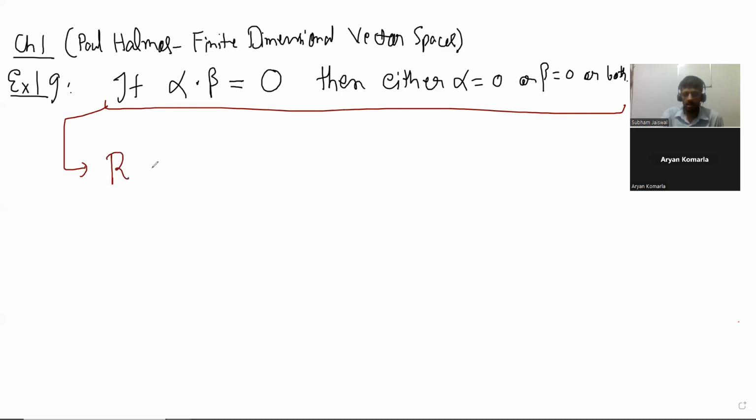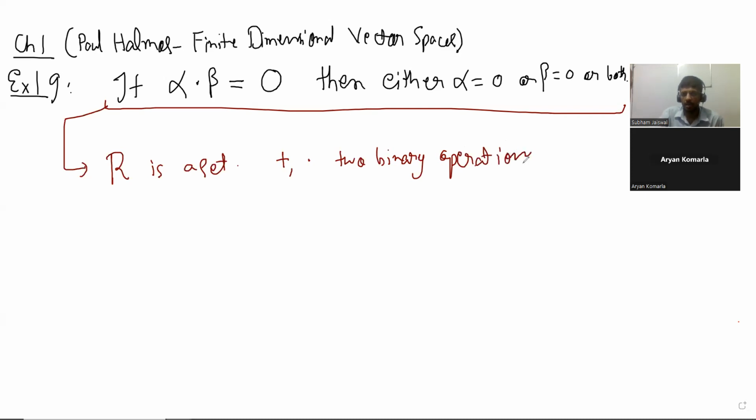Let's say that R is a set, and there are plus and multiplication, two binary operations. I could just say it's a field without multiplicative inverse, but it's better to write it properly.